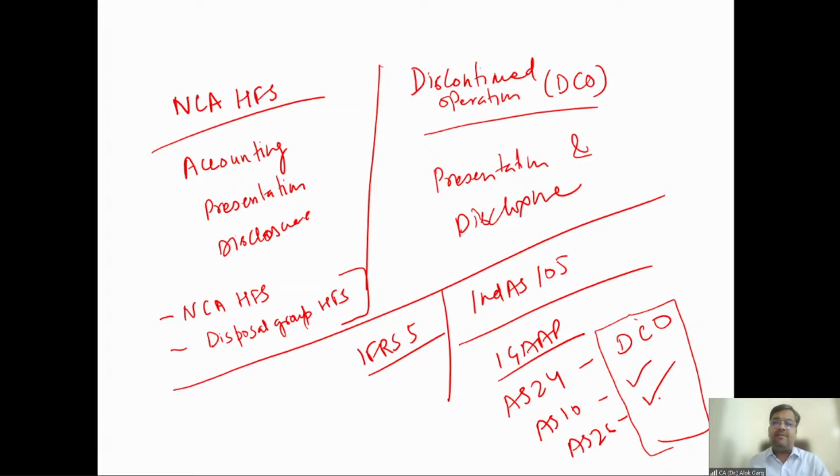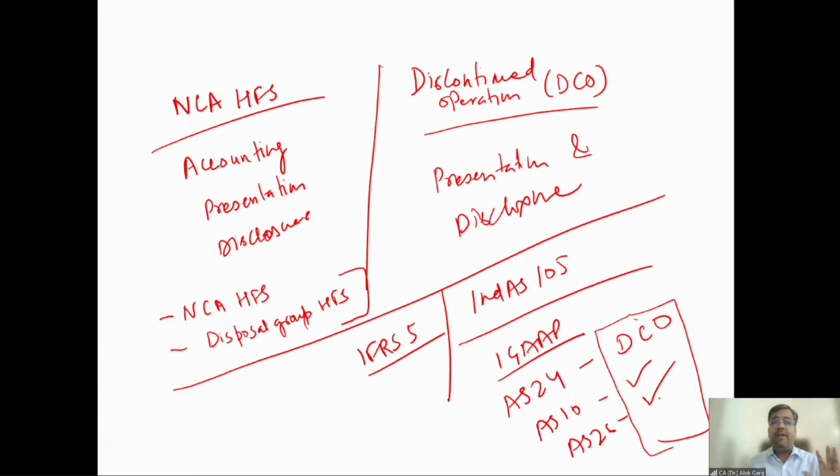And as far as specific and relevant guidance is concerned, there was very limited guidance in our IGAP, in our old accounting standards. But as far as Ind AS is concerned, we have a specialized standard, Ind AS 105, which takes care of such situations of non-current asset held for sale and discontinued operations, right?